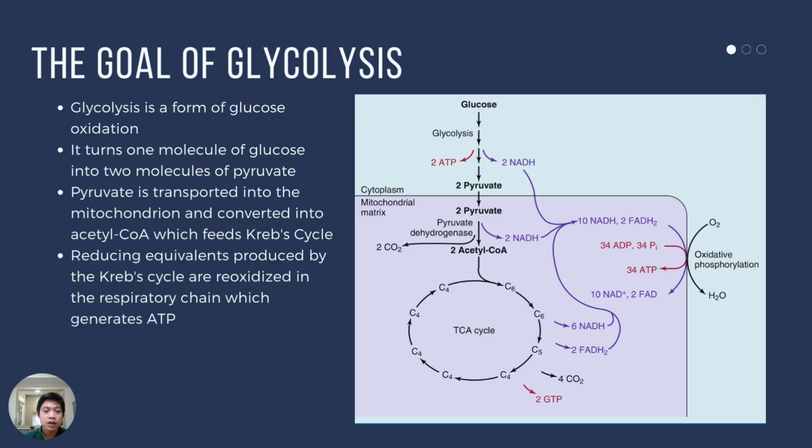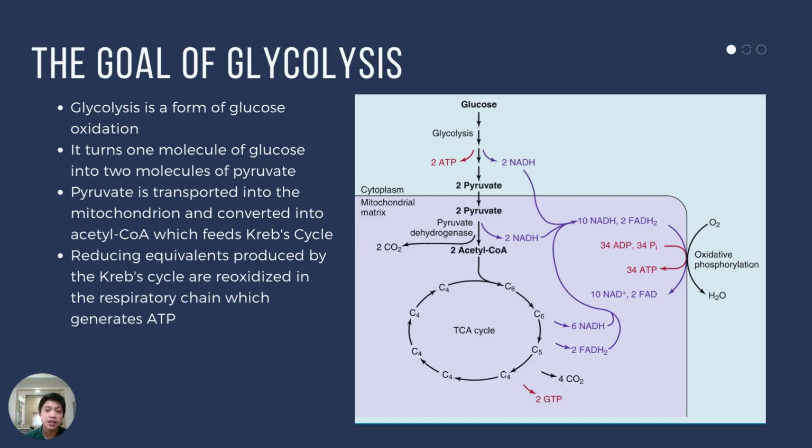The pyruvate undergoes an intermediate step, which we will discuss later, and that is catalyzed by pyruvate dehydrogenase, which in essence removes 2 carbon dioxide molecules to produce acetyl coenzyme A and again NADH.